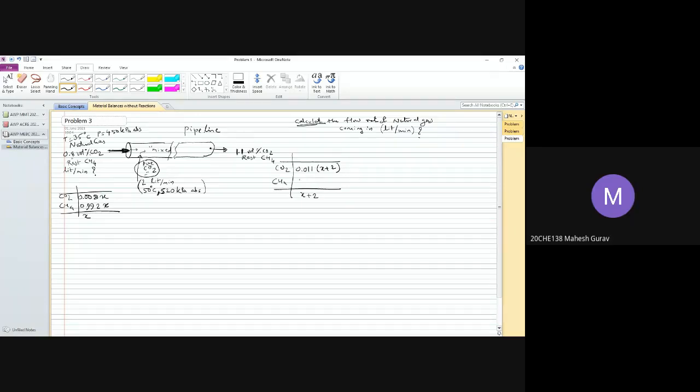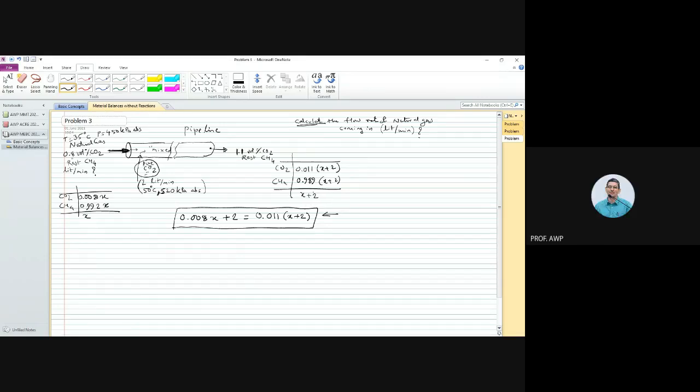Yes, sir, but I have taken 0.8 and 99.2. That is okay, that's my mistake. So this is 0.989 into x plus 2. Right. So now the balance that you have done, 0.008x plus 2 must be equal to 0.011 into x plus 2. This is the balance that you have done. You have made a calculation mistake, but that's okay. But the balance that you have done is like this, right? Yes, sir.